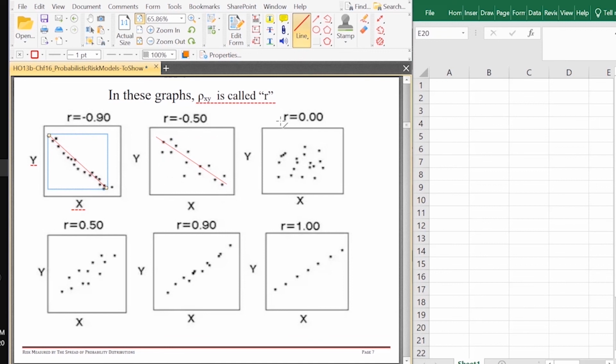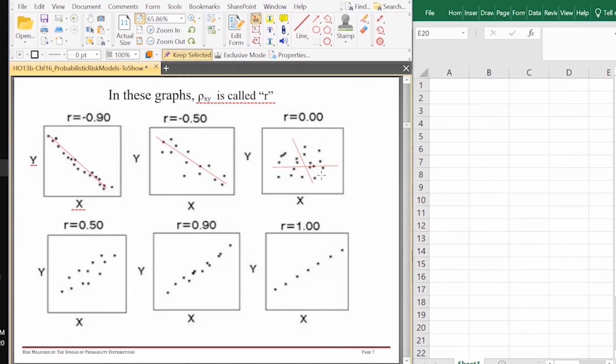And here we have a correlation coefficient of 0, where I would say you'd have to be pretty brave to draw a line through that. And I would say both of these lines that I've just drawn are equally bad.